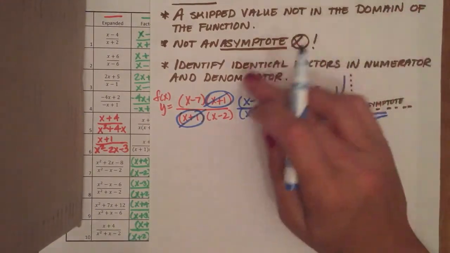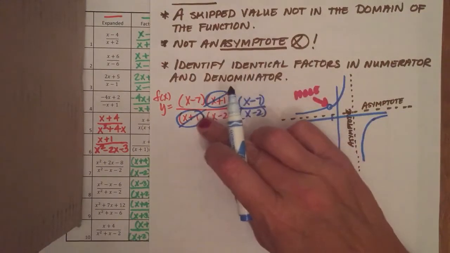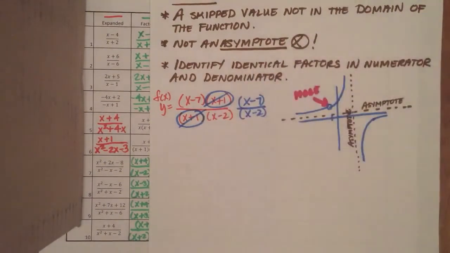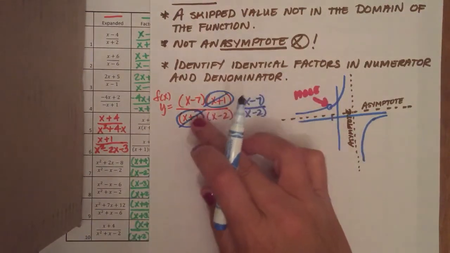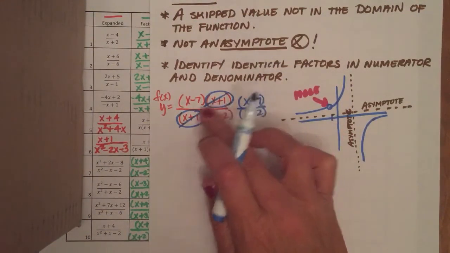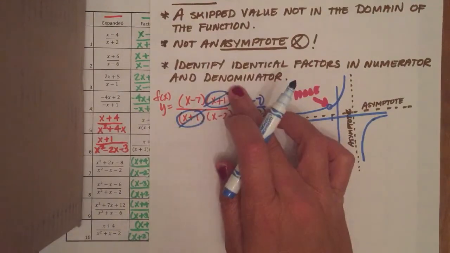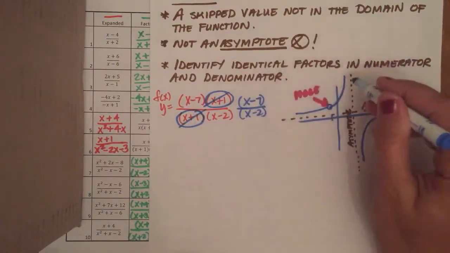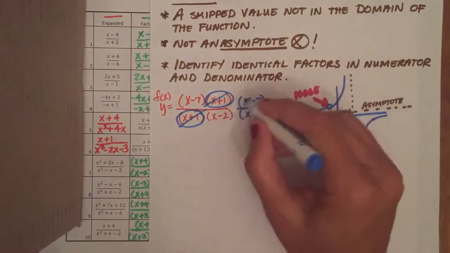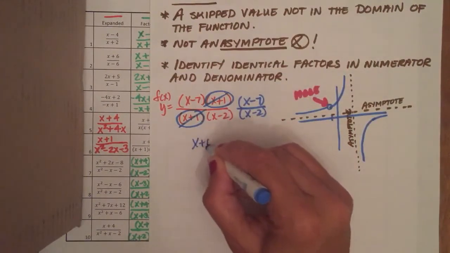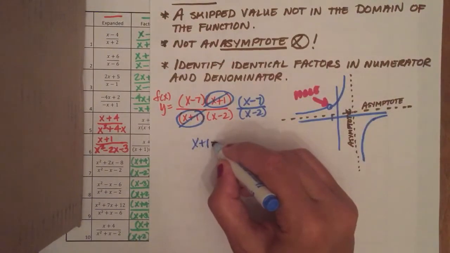However, since the original function has the x plus 1s, you can't just discount them. They're there. So because I have a factor that I can cancel, the function will continue on.